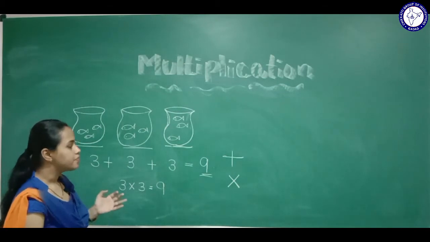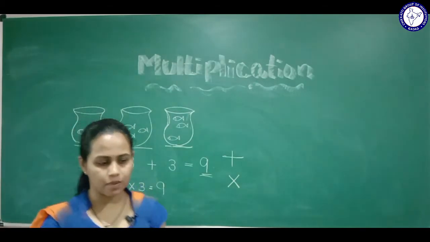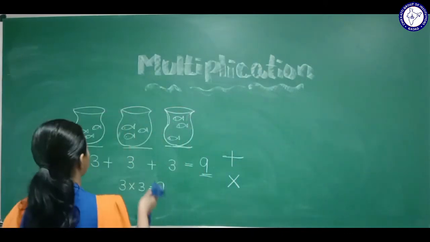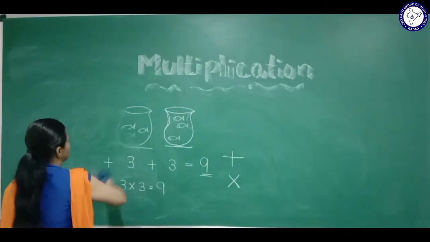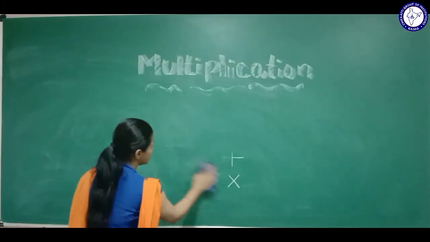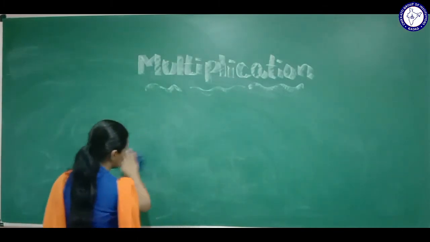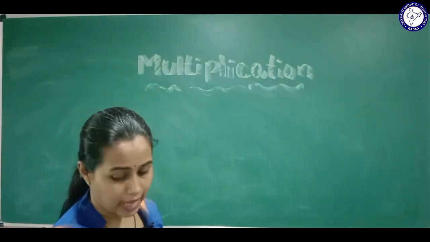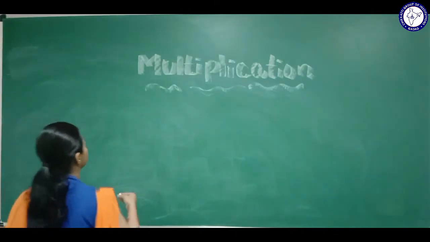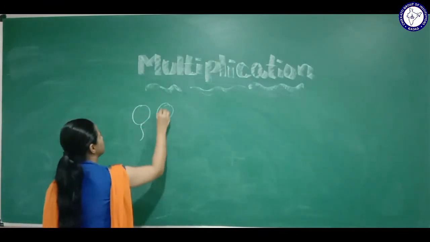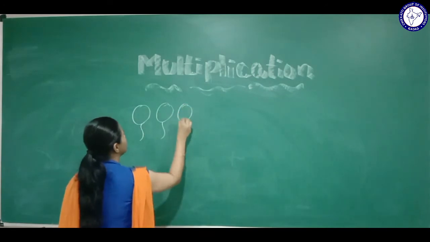I'll just give you some other examples here. You already know about the tables also, so it will be easier to calculate. Okay, here see, there are balloons.